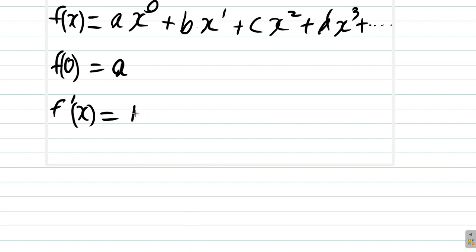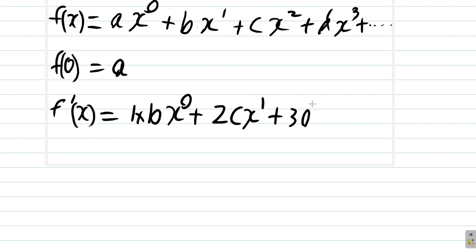So it's 1 times b x to the 1 minus 1, which is 0, plus this will be 2c x to the 2 minus 1, which is 1, plus 3d x squared.